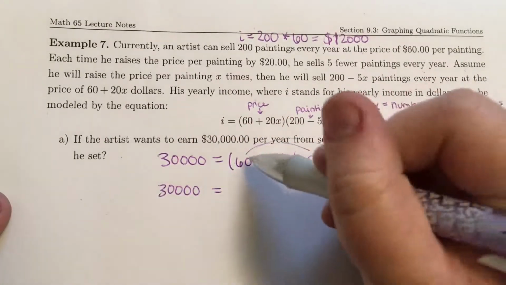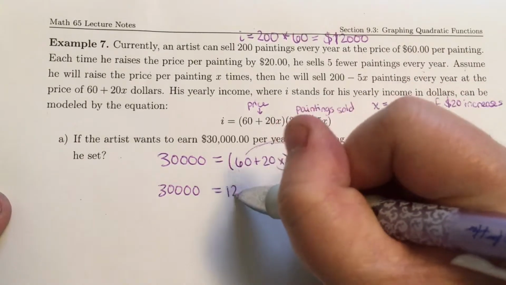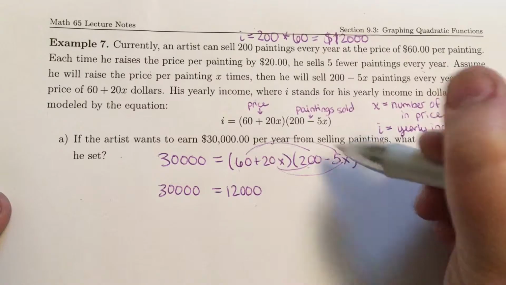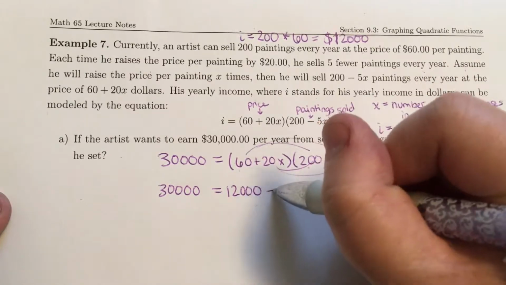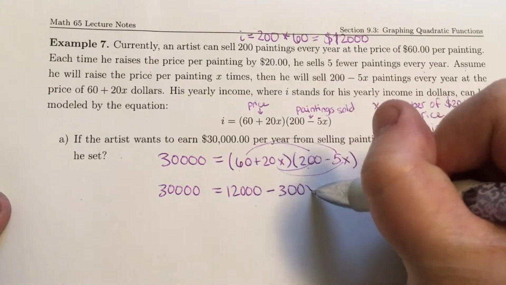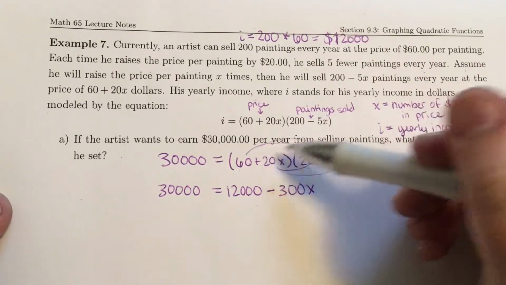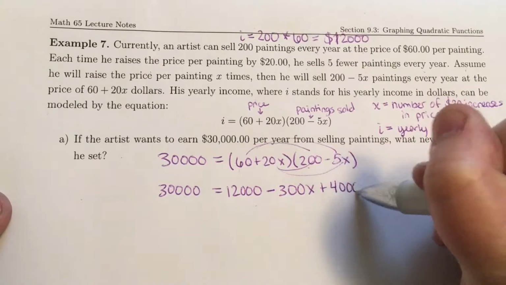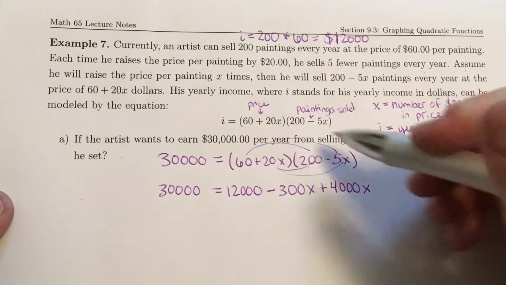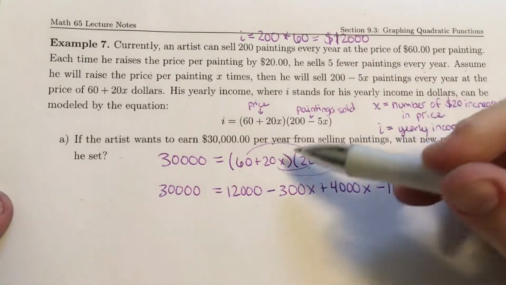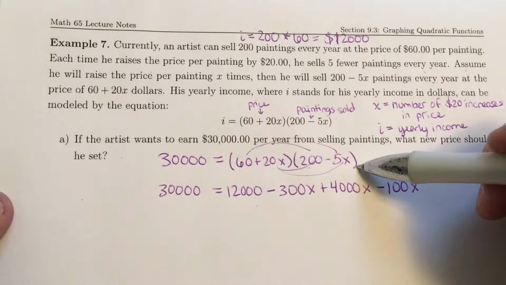So when I multiply, 6 times 2 is 12, and there's 3 zeros. 60 times 5, just 6 times 5 is 30, with an extra 0 from the 60. 20 times 200, 2 times 2 is 4, and then there's 3 zeros, again with an x. And then finally it's minus 100, x squared, because it's x times x at the end.